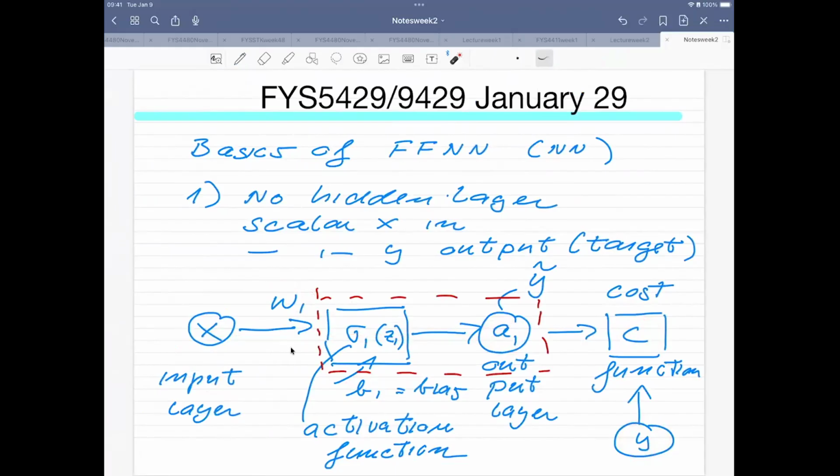You calculate the gradients, and then you go backwards, and you update the weights and the biases. And that means that you have new values. That is one iteration. So one iteration is one update of the parameters. Then when you have updated the parameters, the next thing is to do a new feed forward.